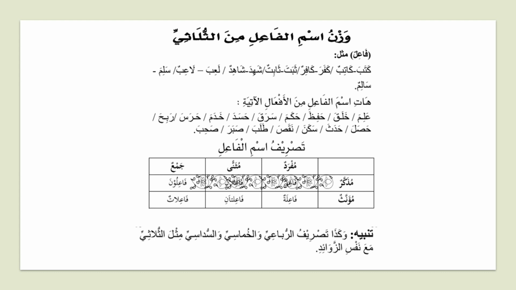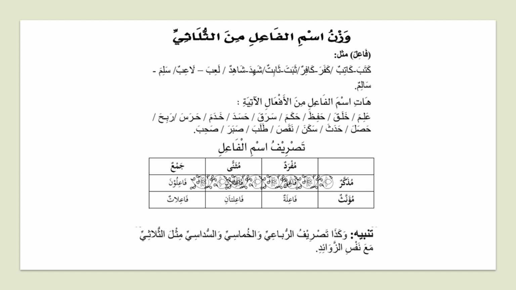He's called a hafidh. You might say, I'm a hafidh. Talaba means to seek. It doesn't mean student, it means to seek. So the seeker is called a talibun. And if he's a student of knowledge, we'll say talibul ilm, a seeker of knowledge.